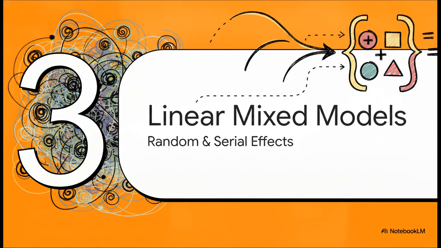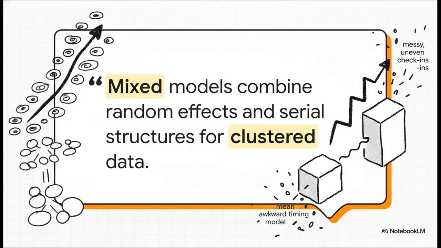So, moving to Section 3, enter linear mixed models, combining random effects and serial structures. Okay, so we have this clustered, uneven, highly correlated mess of data. To actually make sense of it, we turn to a really elegant mathematical framework heavily formulated by statisticians Laird and Ware back in 1982, the linear mixed model. The whole genius of this model is perfectly captured in this core quote.